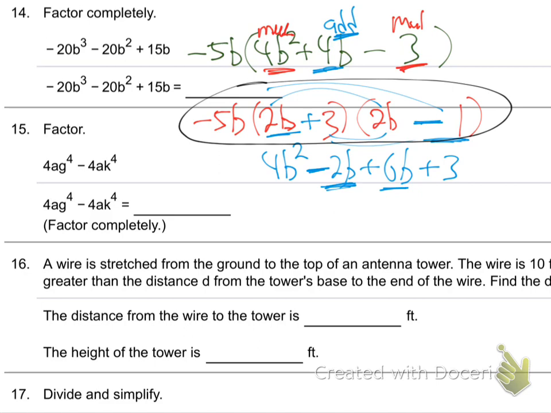Let's do 15. So what's the first step in every factoring problem? GCF. So number 15, take out what's in common.